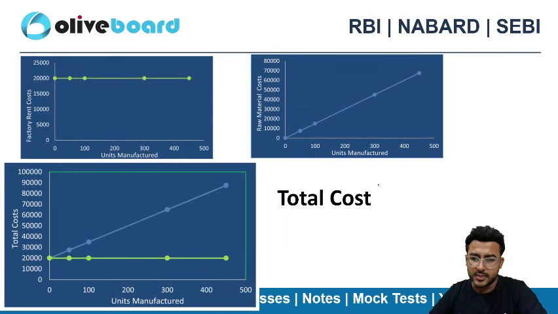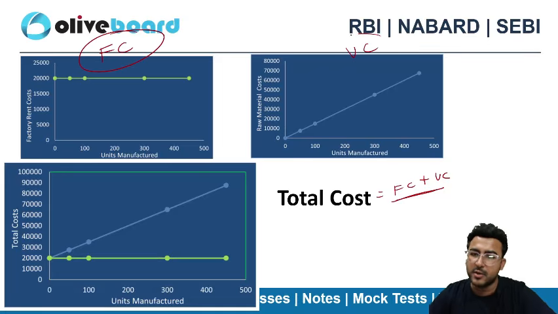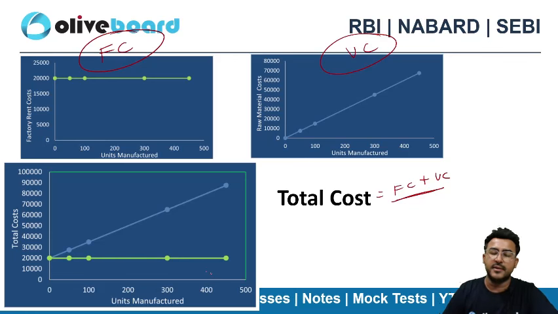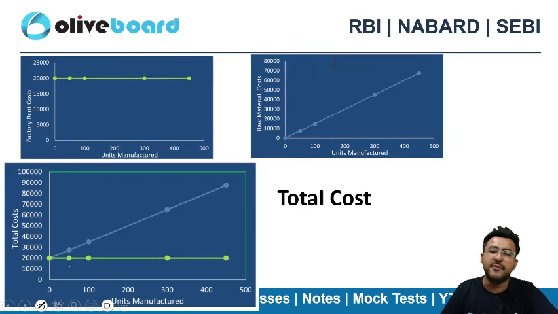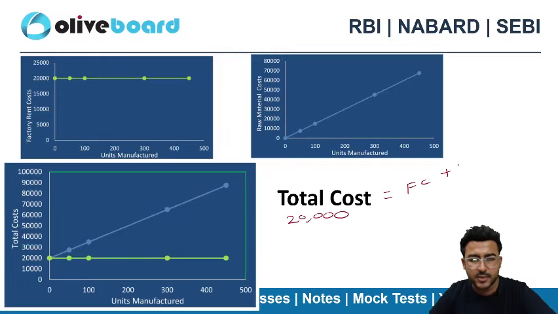What is total cost? Total cost means fixed cost plus variable cost. So here is the graph of fixed cost, and here is the graph of variable cost. If I combine them, I'll get this graph. Sir, why is the line starting from 20,000? Even if you don't produce anything, your total cost will be at least your fixed cost.